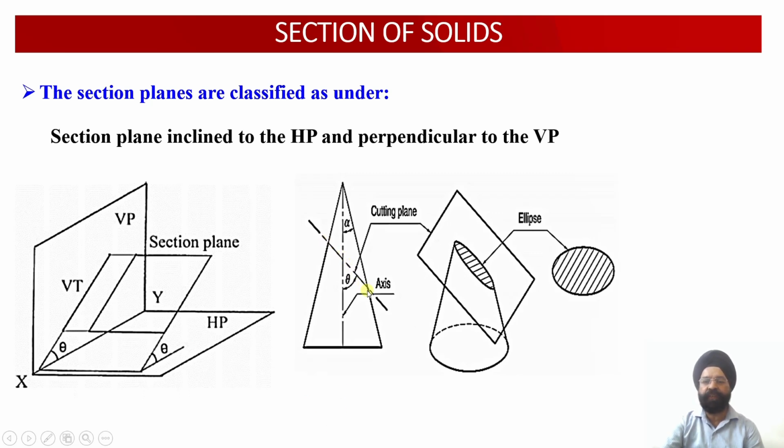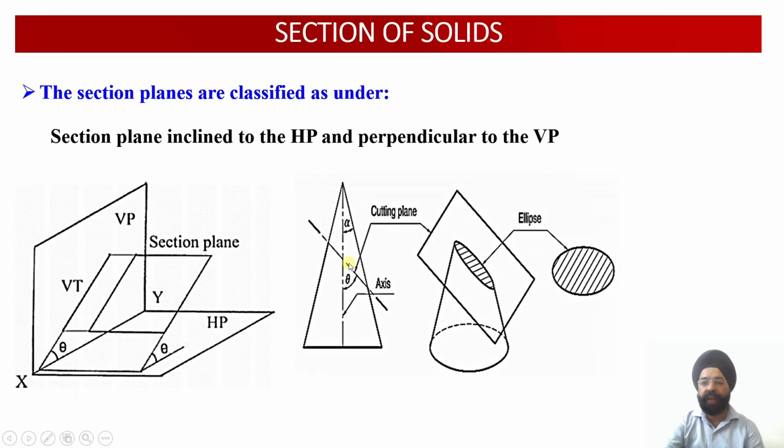The reason is, since this surface is inclined to HP at a certain angle, its projection onto the horizontal plane in the top view will provide only a shortened or apparent view of this cut section. So the sectional top view is insufficient to provide the true details of this cut surface.